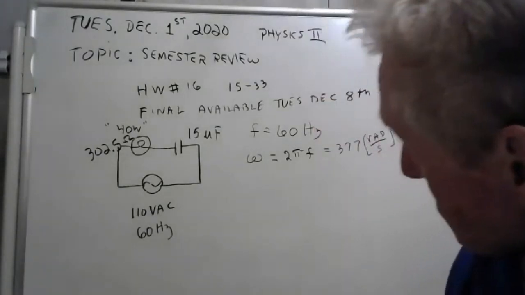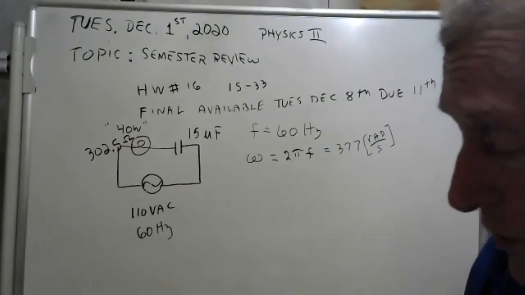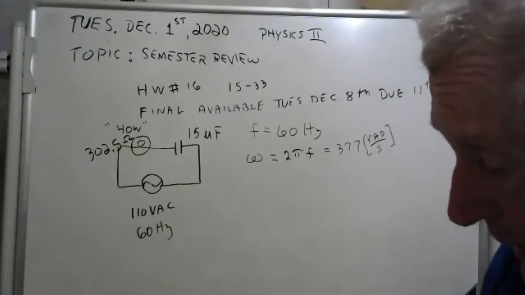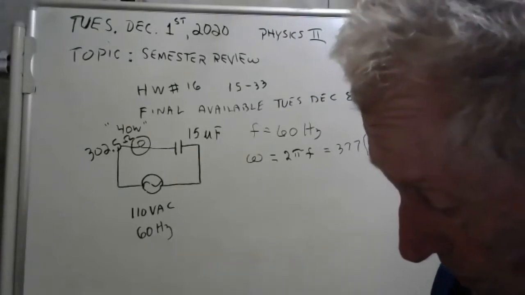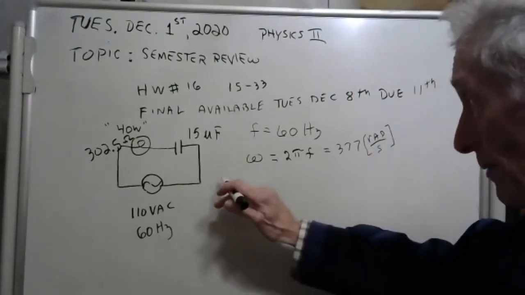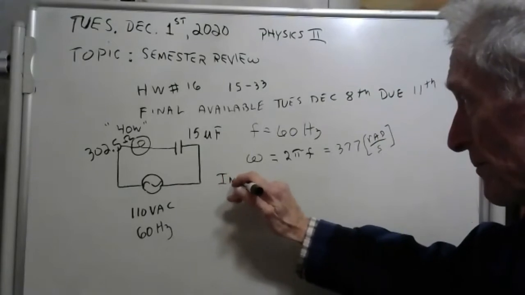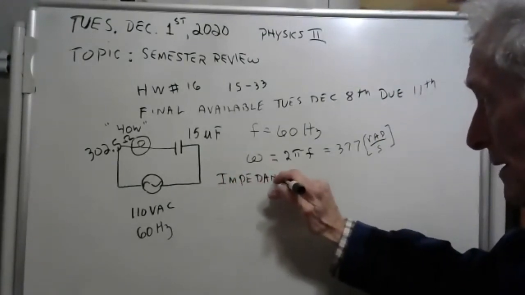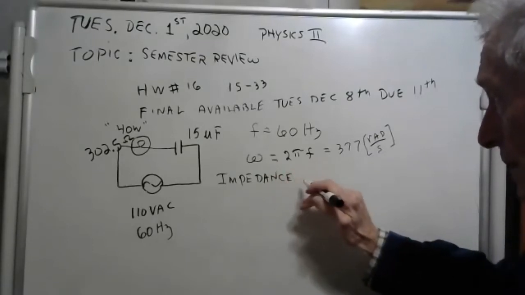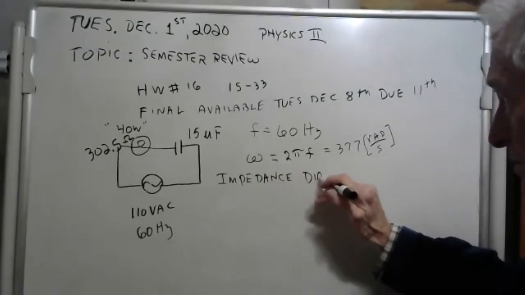Okay, so you know what we have? We have an AC circuit, and we need to draw the impedance diagram. I'm going to shut up again, and I want you to draw the impedance diagram.